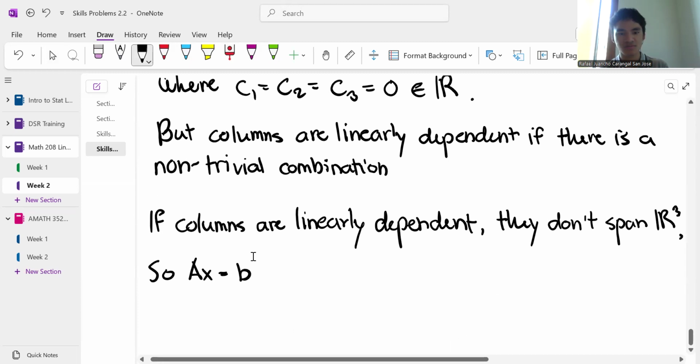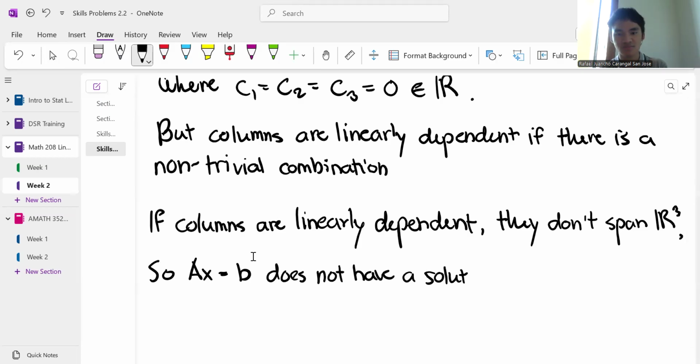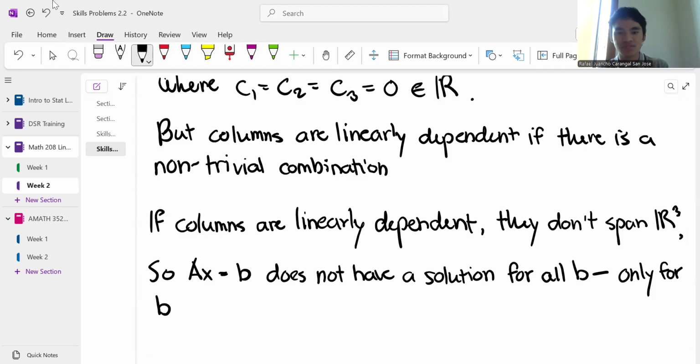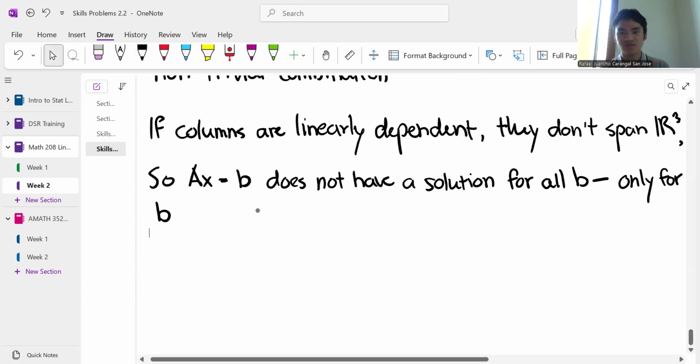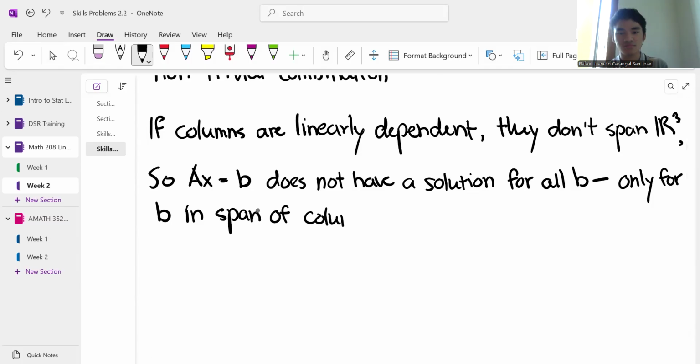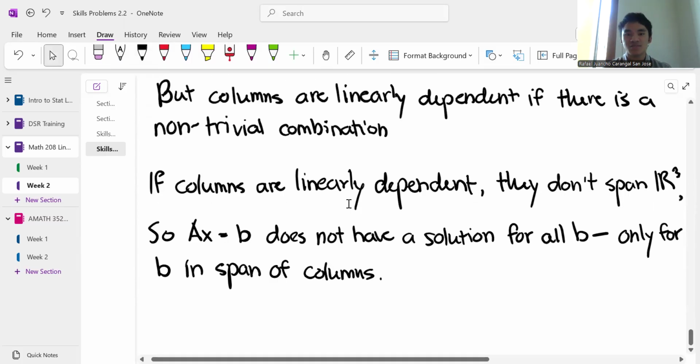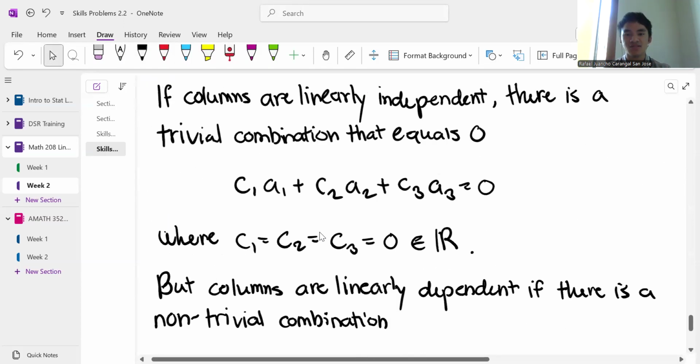So we say AX equals B does not have a solution for all B. It only has a solution specifically for the B's in the span of the columns. That's what that means.